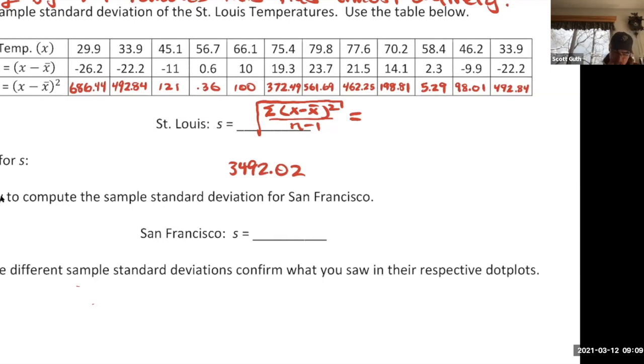Yeah, so I think you're off by 100. And I need someone else to pipe in to let me know what other opinions we have here. I got 3,592.02. Yeah, that's what I got too.